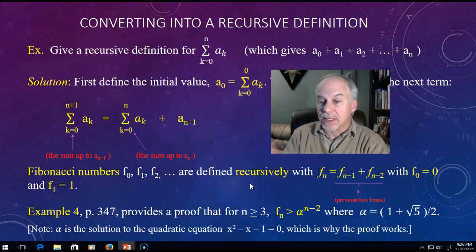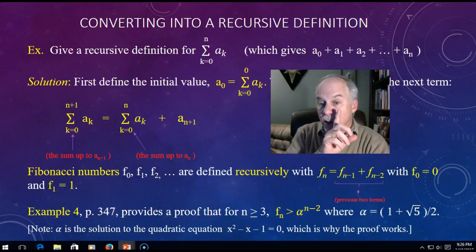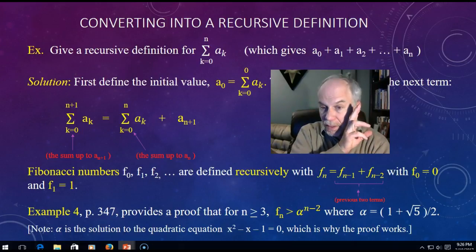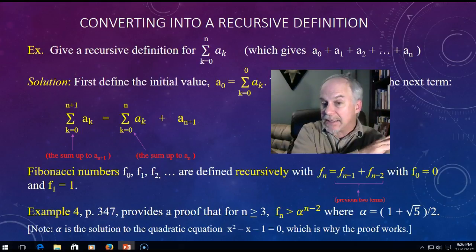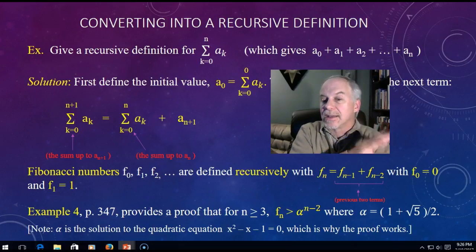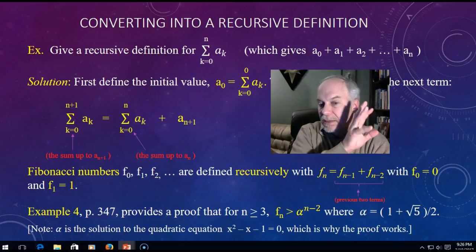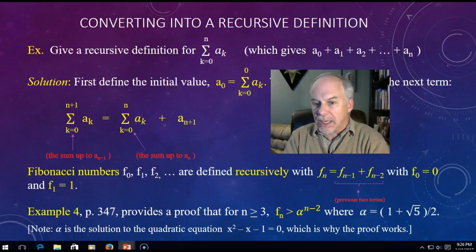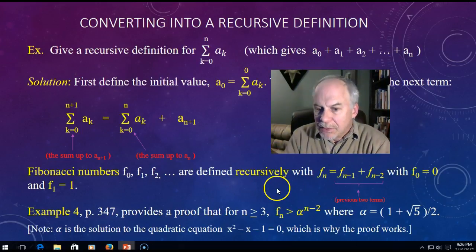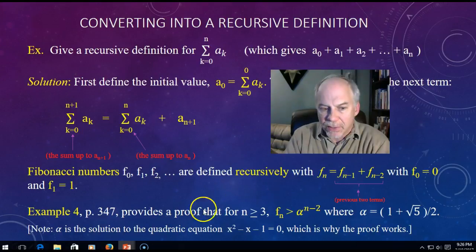So the terms in the sequence would be 0, 1, another 1, and then 2, 3, 5, 8, and then 8 and 13 makes 21. So it just starts going up a lot more quickly afterwards, but that's the Fibonacci sequence. You can study this on your own, of course.